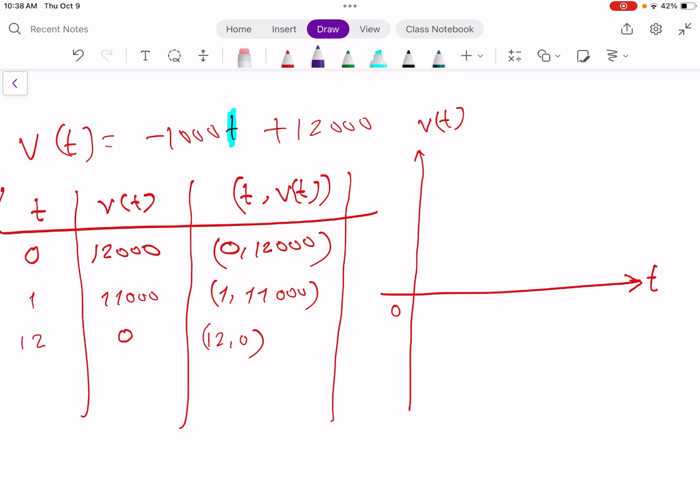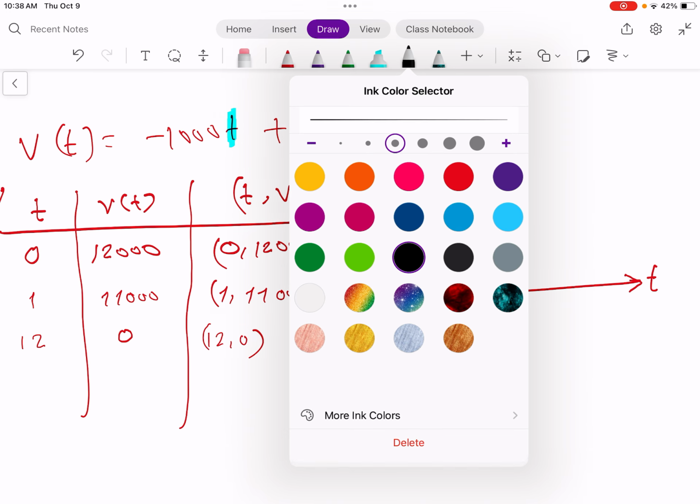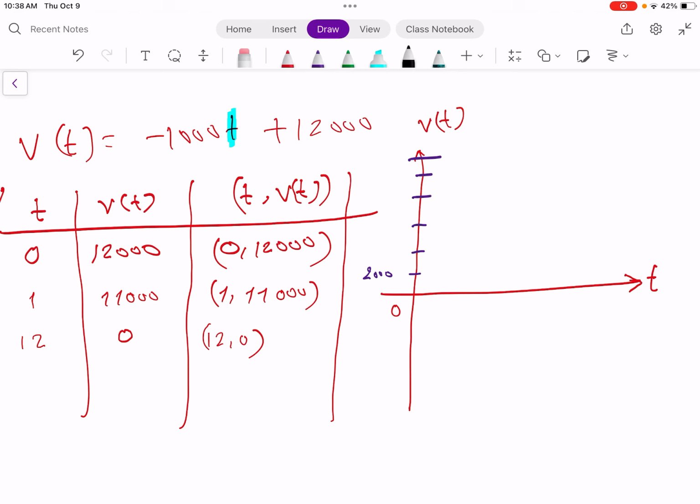Let me mark this as 2000, 4000, 6000, 8000, 10,000, 12,000. So the first point is (0, 12,000). So we have the first point here.